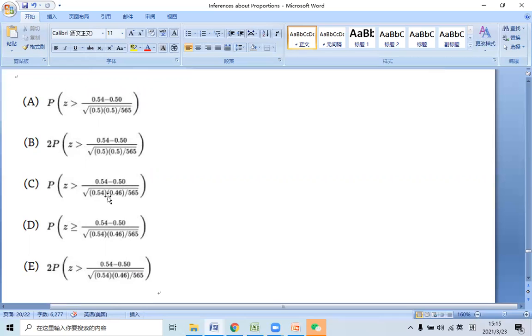The standard deviation, within the square root sign, here you have the proportion from the sample. No, you don't use the sample proportion. You use the proportion given by the null hypothesis.